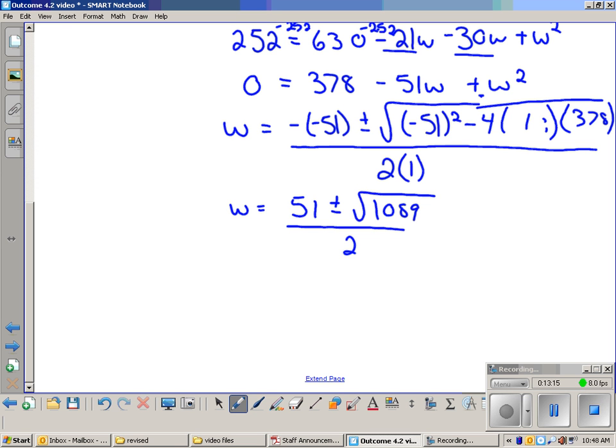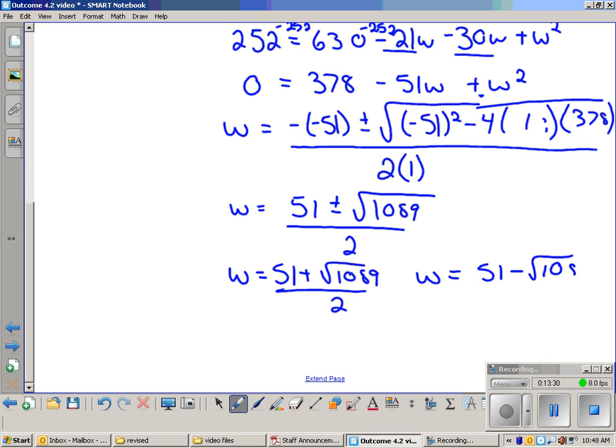I can then simplify that out, and I get w equals 51 plus root 1,089 over 2, or w is equal to 51 minus root 1,089 all over 2. Solving my first equation gives me w equals 42. The second equation gives me w equals 9.